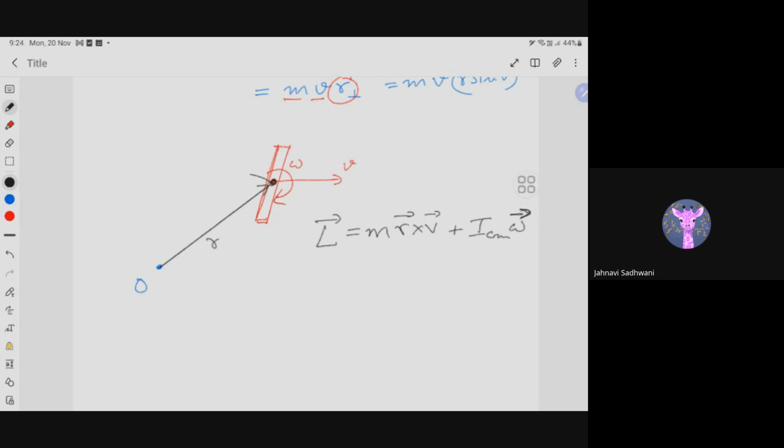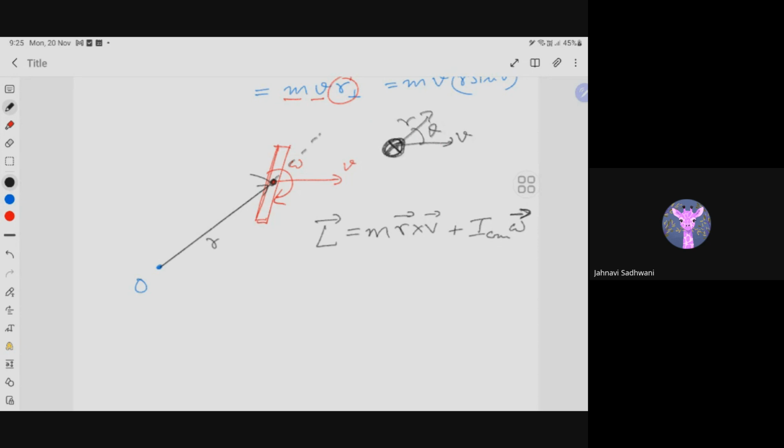Is that clear? In this particular super easy case, your omega direction and R cross V direction is same. Okay, now you can't see my thumb and all, but I hope you know that if you have an R this way and a V this way, and I have to do a cross product, then for R cross V you have to rotate your fingers from R towards V, and the right hand thumb rule, it is going to point inside.